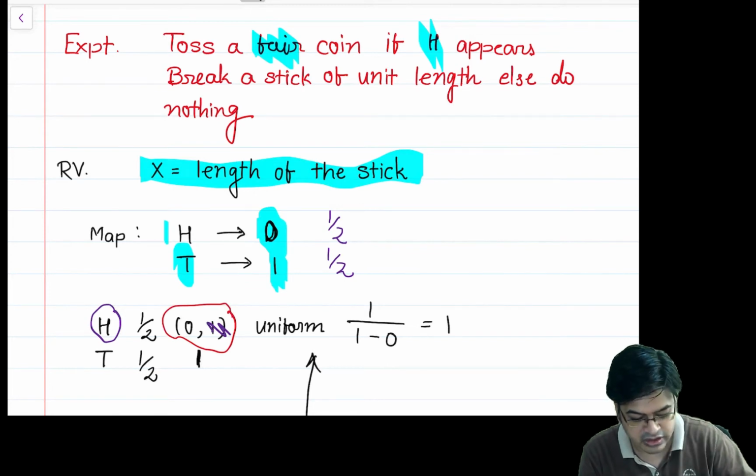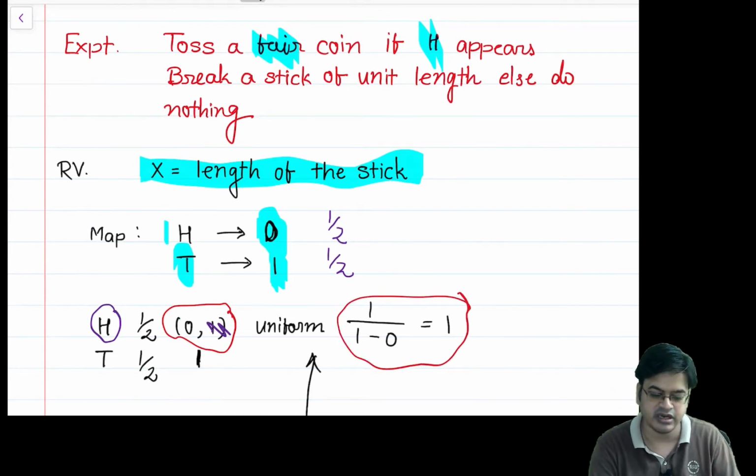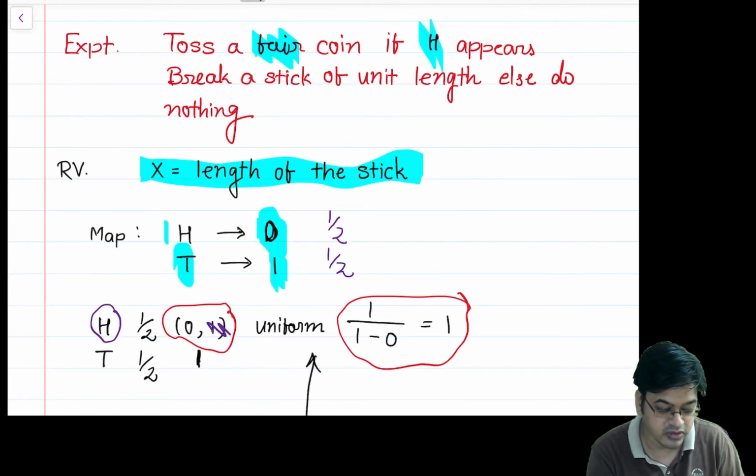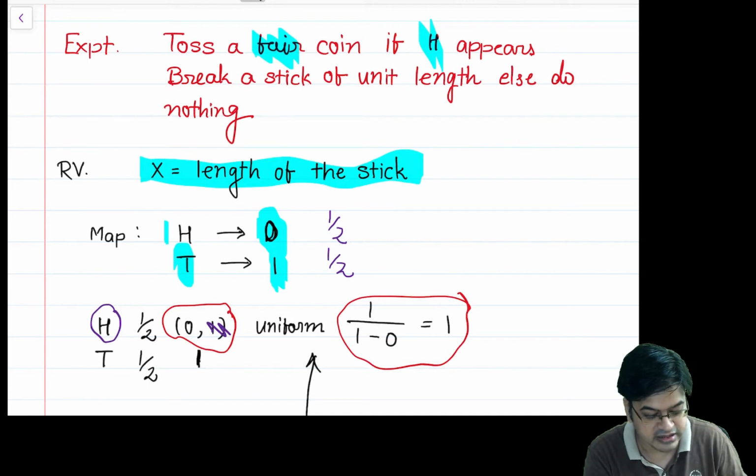Now my uniform PDF that we have seen is 1 upon b minus a. If uniform (a, b) is the case, then the PDF is actually 1, and if tail occurs, then it occurs with probability half. So at point 1 this has a probability half.